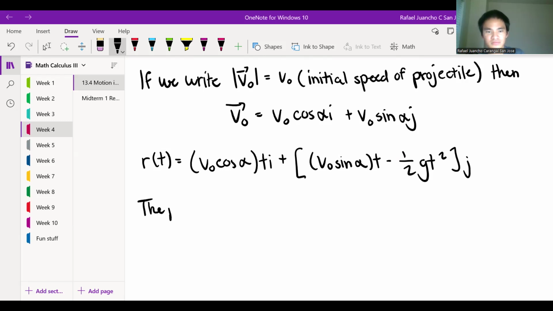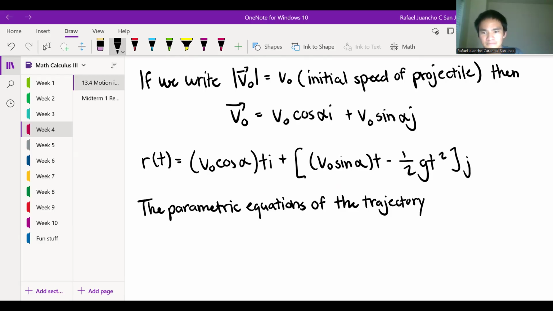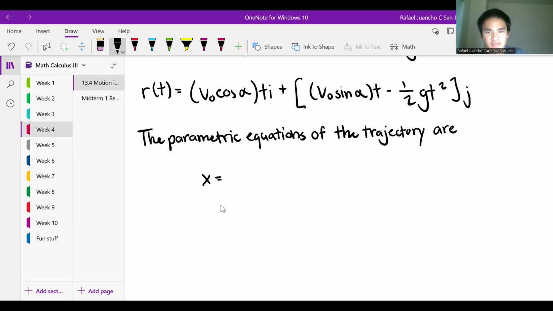So from there, the parametric equations of the trajectory are this one. x is equal to our cosine part times t.